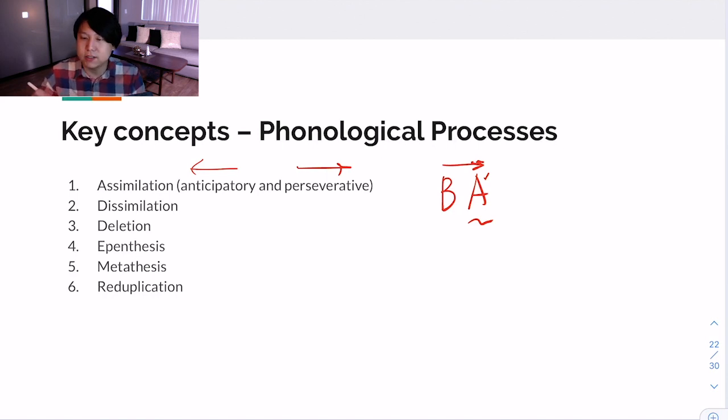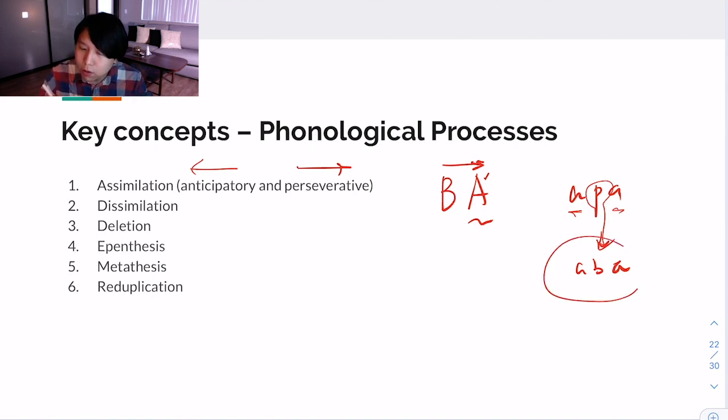Intervocalic voicing, for example, A p A becoming A b A, is also a part of assimilation, because vowels are always voiced, and voiceless becoming voiced means that it's becoming more similar to the vowel sounds. So it's an example of assimilation, and the direction is both ways.